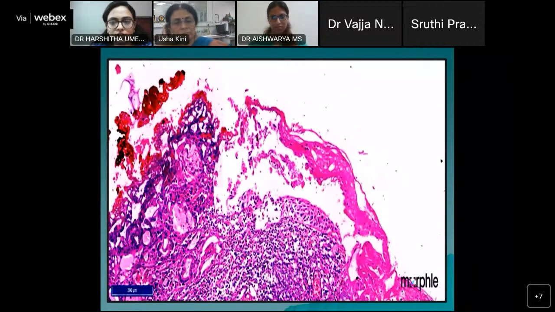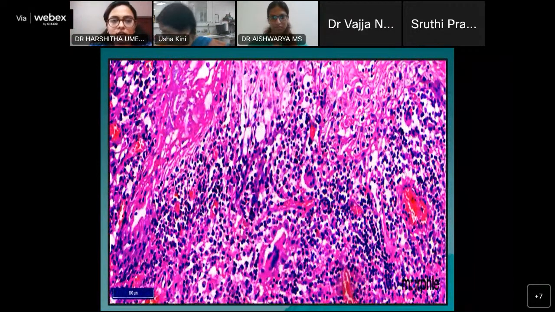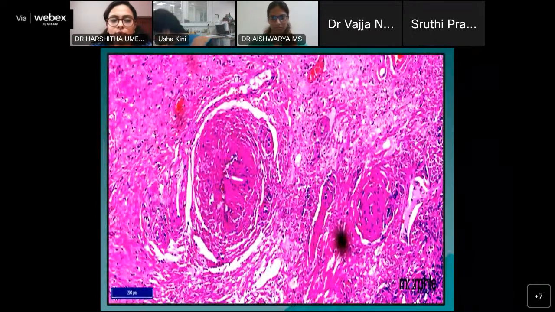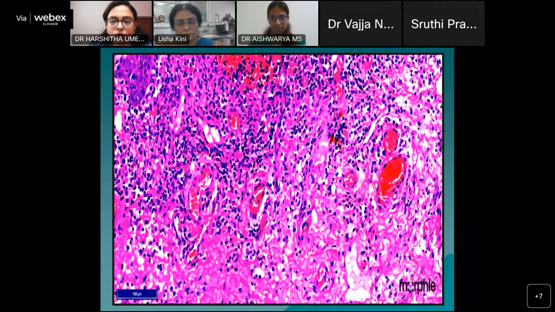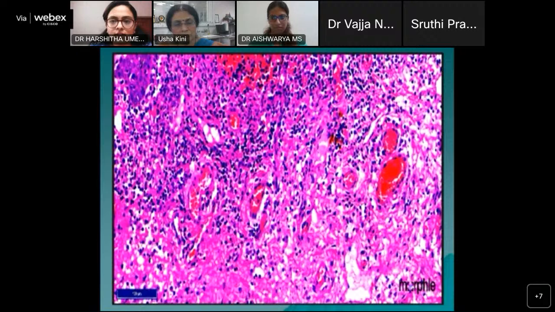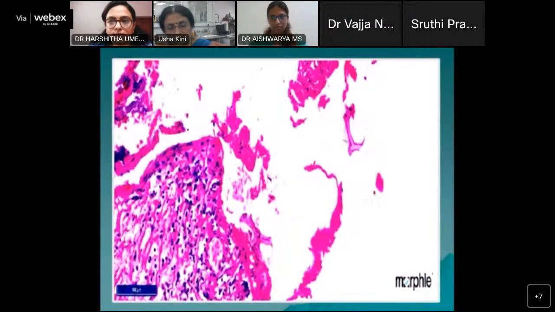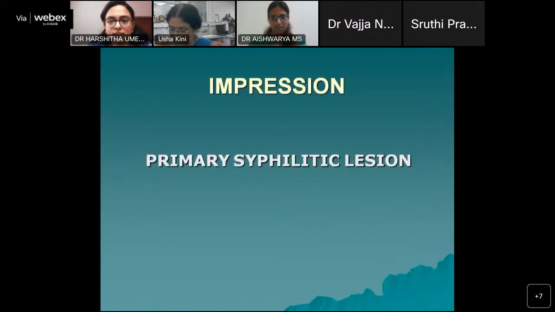Also seen are giant cells. Also seen were thickened blood vessel walls, perivascular lymphoplasmacytic infiltration, and numerous proliferating blood vessels. And a few areas showed vegetable matter. With this, I would like to give an impression of primary syphilitic lesion.